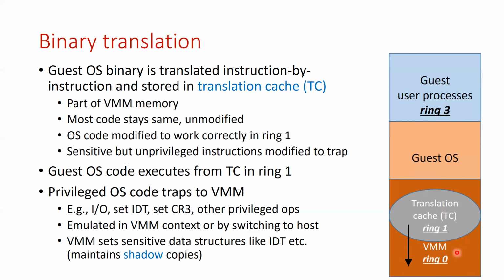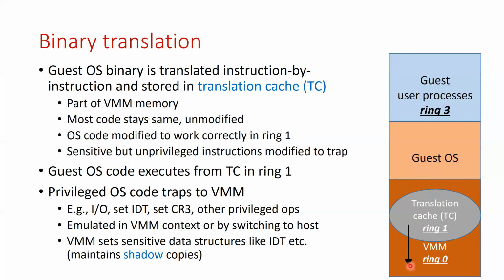Right? So the essence is that the guest runs, most operations don't require privilege. All those operations run in ring 1 as normal, most instructions. Some instructions that require higher privilege level trap to VMM, and the VMM will emulate that instruction on behalf of the guest OS.